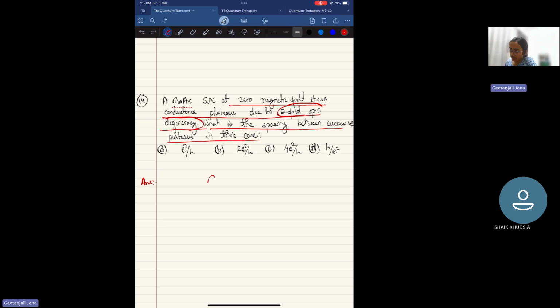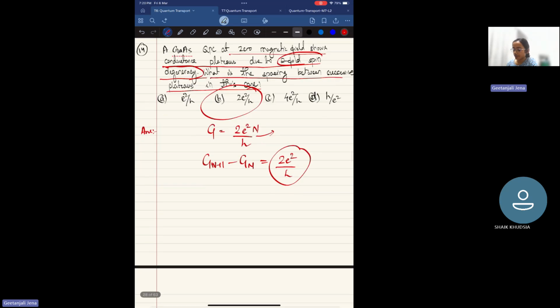So the conductance is given by 2e square N by h, where N is the number of modes. If you take G_{n+1} and G_n, the spacing will be 2e square by h whenever you have a two-fold degeneracy. Option B.